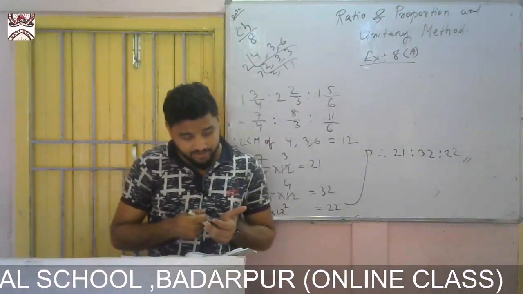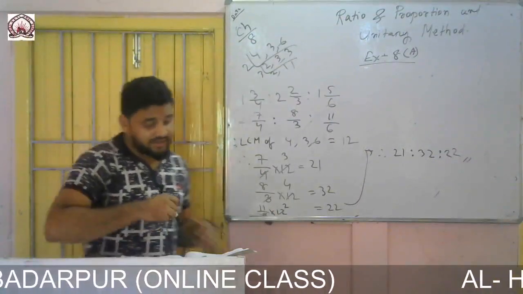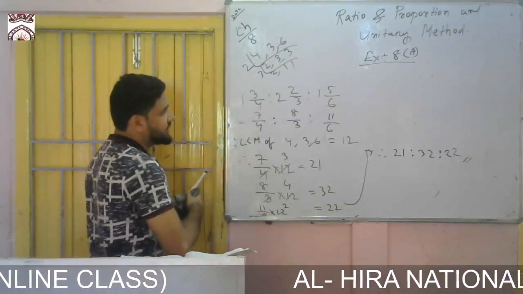Now come to question number 9. 125 gram is to 1 kg.